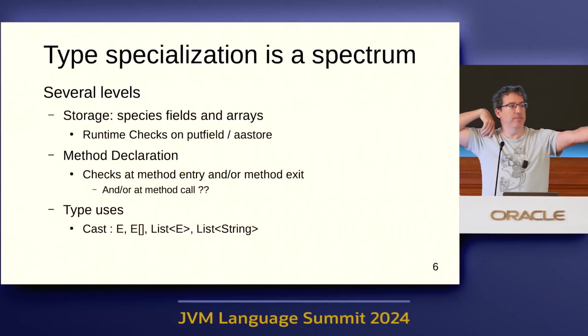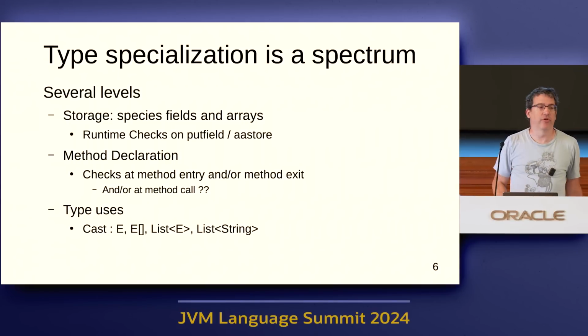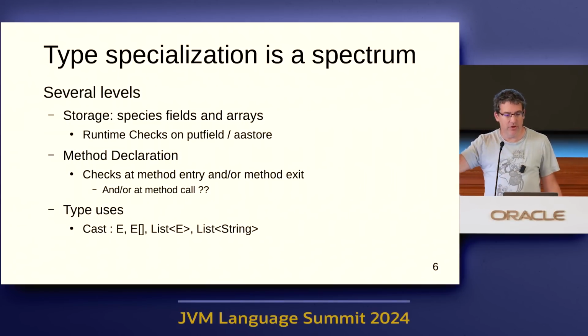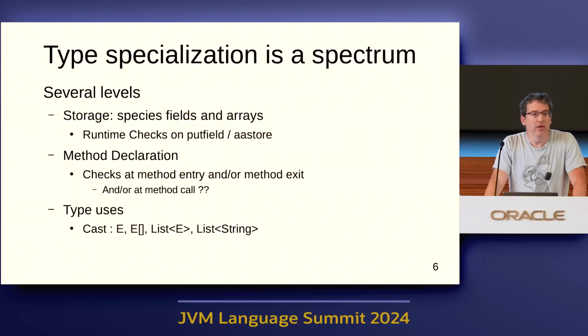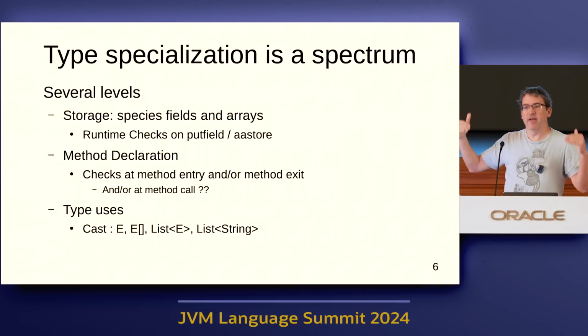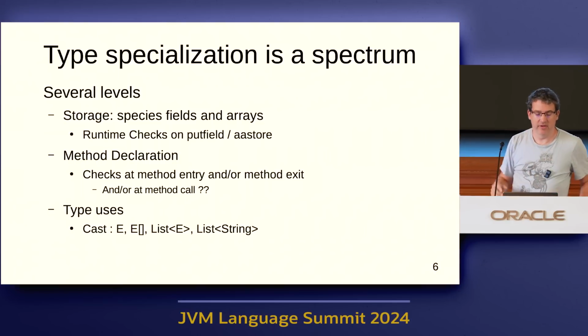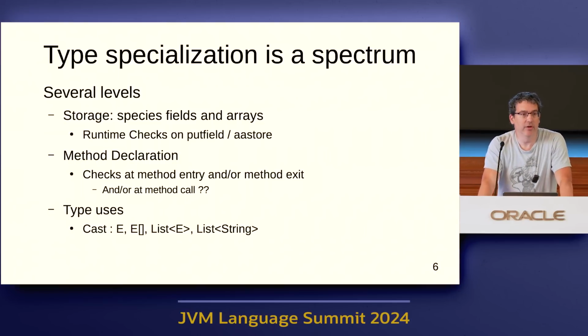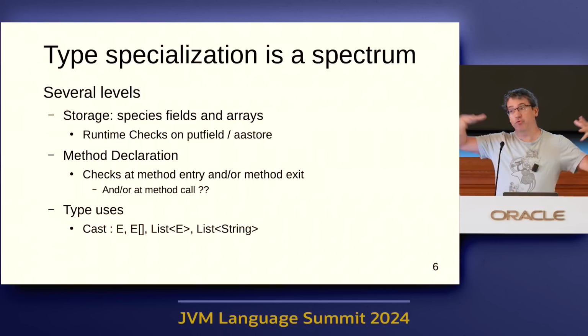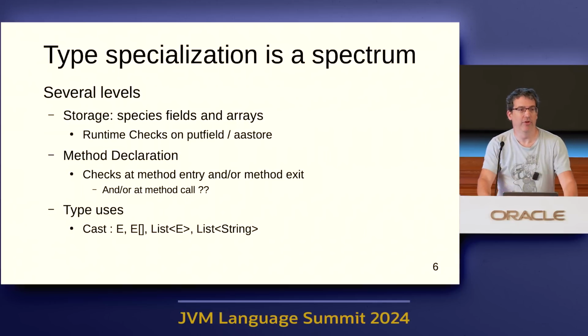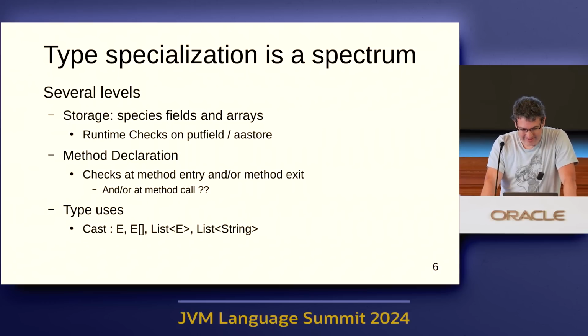We can do that at method exit to check that the return value is not null. And instead of doing that at method declaration, we can do that at method call too. So we have several options to choose where we can bite people.